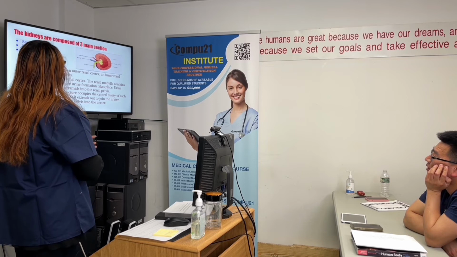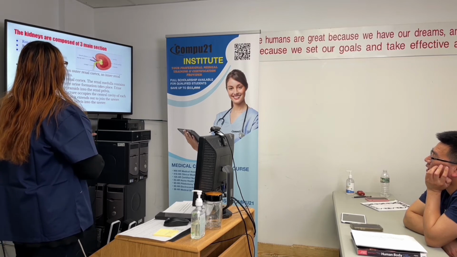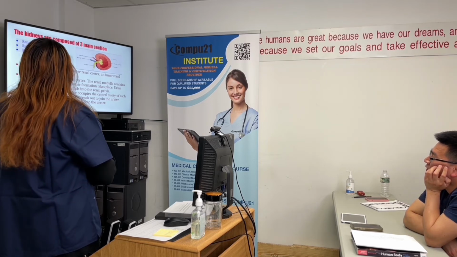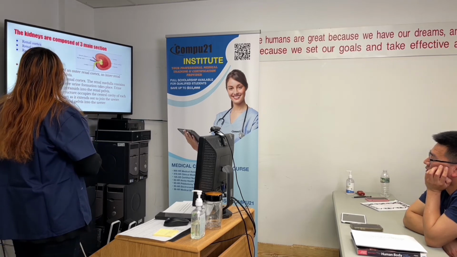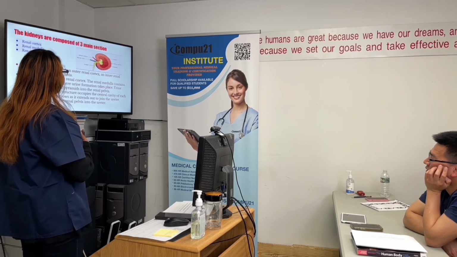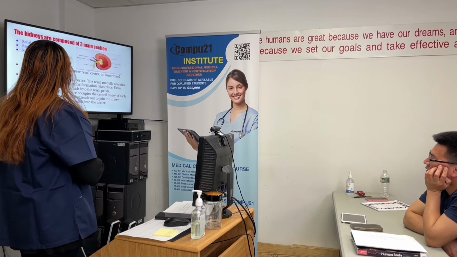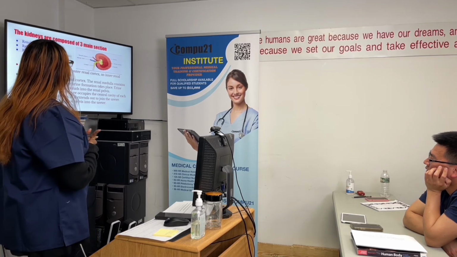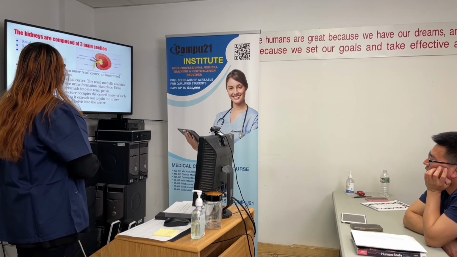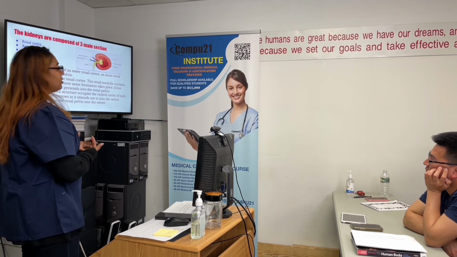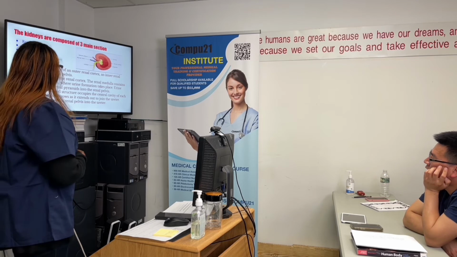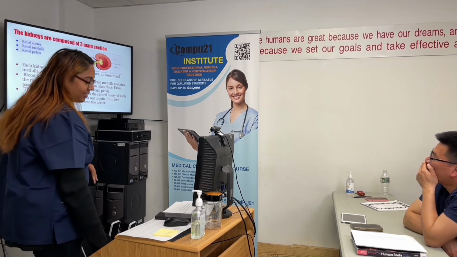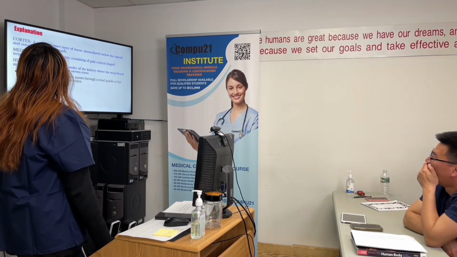Urine passes from the renal pyramid into the renal pelvis, a funnel-shaped structure that occupies the central cavity of each kidney, then narrows as it extends out to join the ureter. Urine drops from the renal pelvis into the ureter.